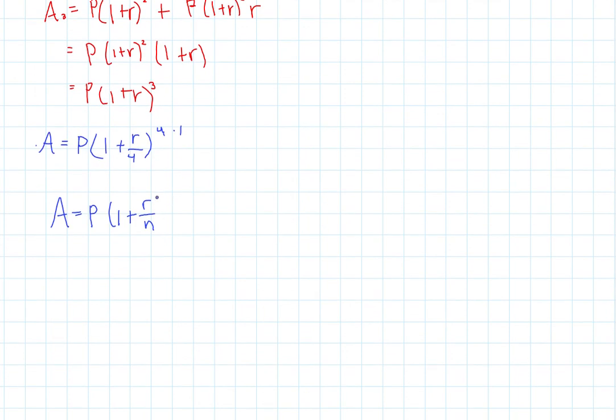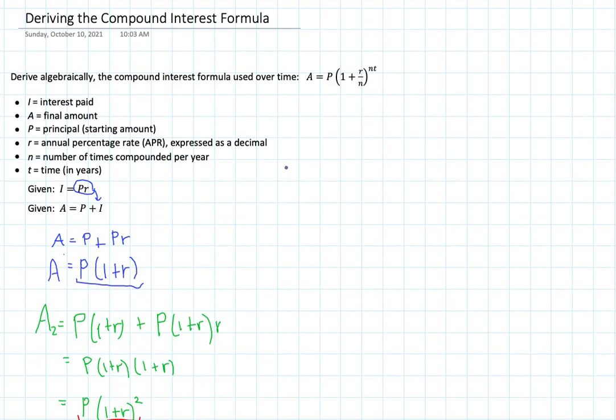And then we're going to have to carry that N up here. And then this is going to be how many years. So we will throw a T in there for time in years. You will see that this formula then looks just like the one we were supposed to derive.